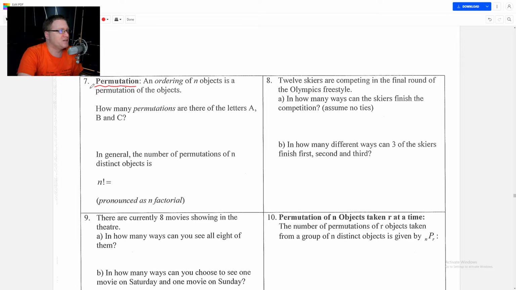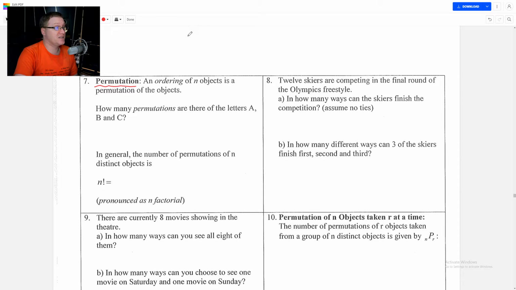All right. So, for example, if I say we are going to have a president, a vice president, a secretary, and a treasurer, well, those are distinct things and they have to be in a certain order.